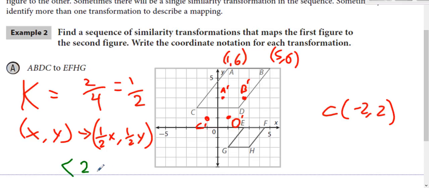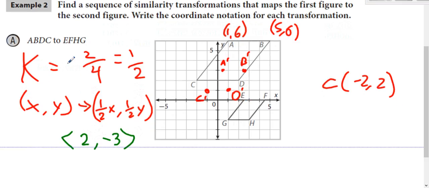Right 2, down 3. Do the same thing with D. It matches up. B prime matches up, and A prime matches up. So it's first a dilation with scale factor 1/2, and then a translation by the vector 2, negative 3.